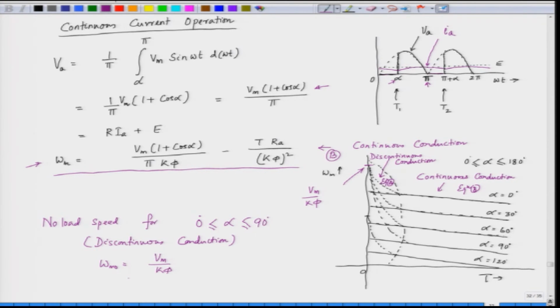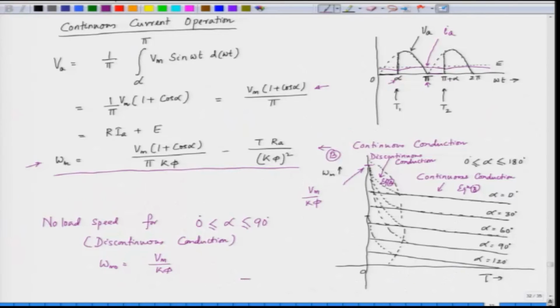So, when we are talking about no load condition, torque is 0. So, how can the torque be 0? The torque can be 0 provided the current is 0, because we know that torque is a function of flux and current. So, when we say that torque is 0, it means the current has to be 0, because we have a separately excited DC motor.